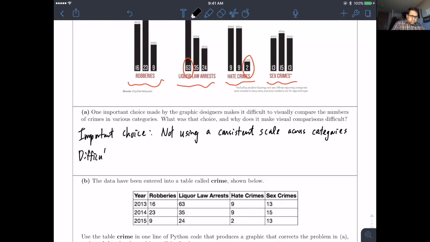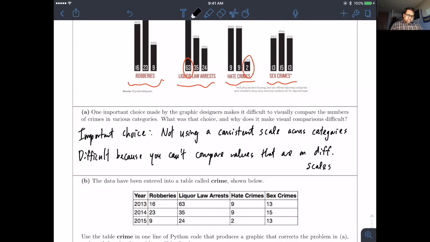It's difficult because you can't compare values that are on different scales.